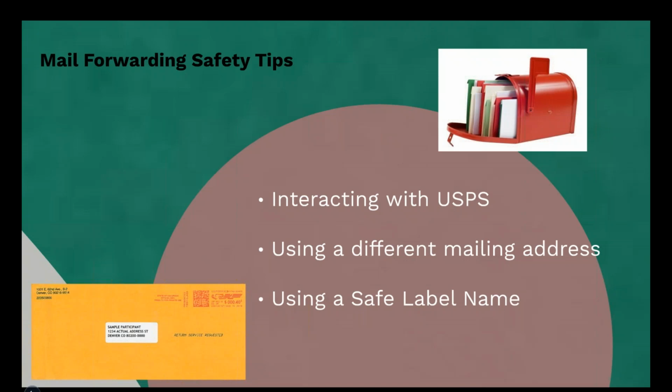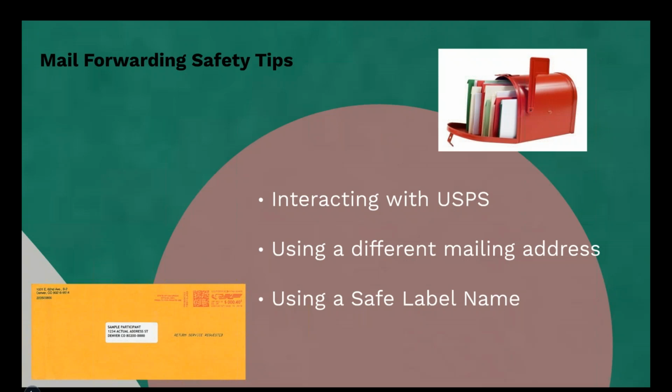So that can be a little bit confusing, but the main thing there is that using a different name on their mailing label is going to prevent any kind of issues related to somebody maybe seeing that piece of mail from the time it leaves our office to the time it arrives at that participant's actual address.